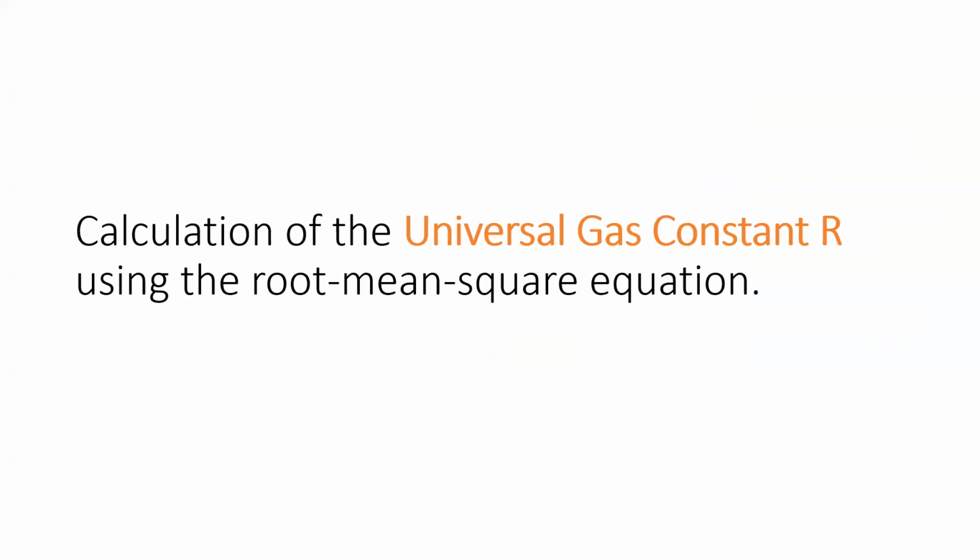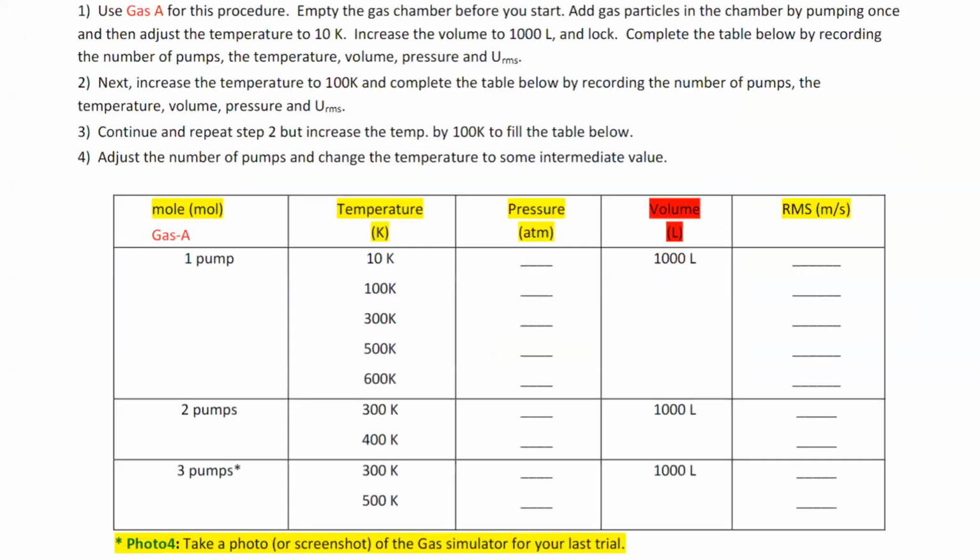All right, we will move on in any case to table 7A, which we're going to be working on calculating the universal gas constant R using the root mean square equation. All right, so this is what the table looks like. And initially it looks a little like, okay, there's a lot going on, right?